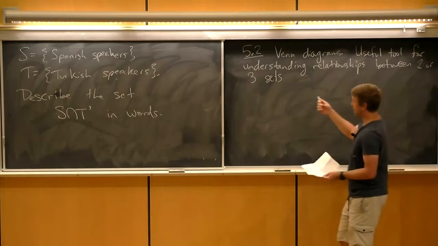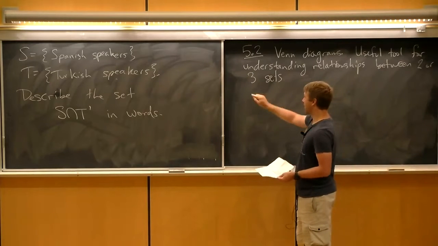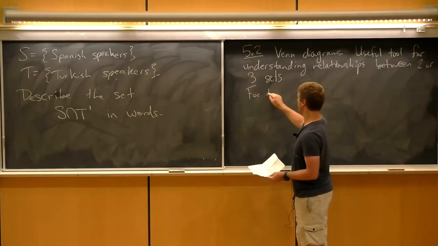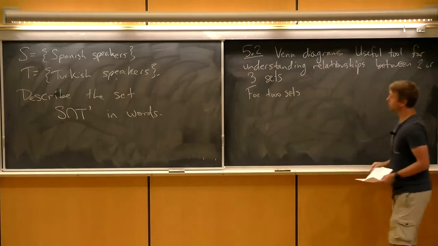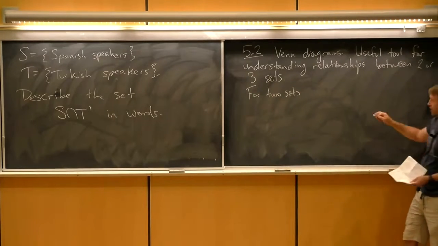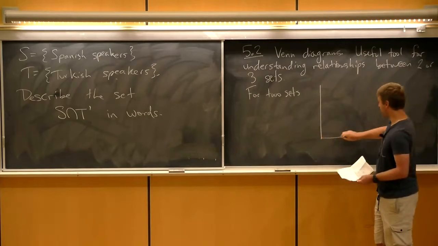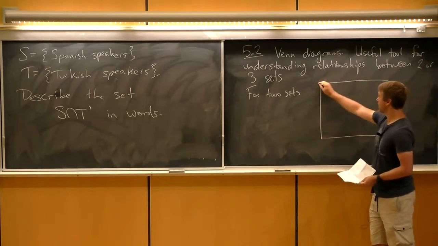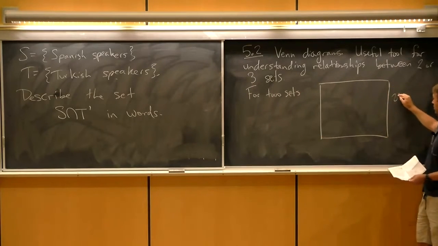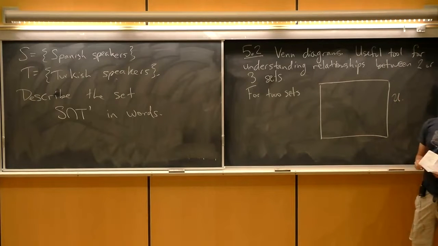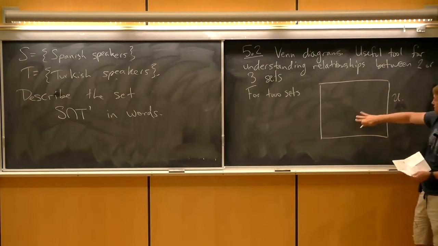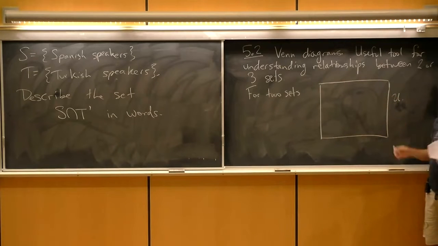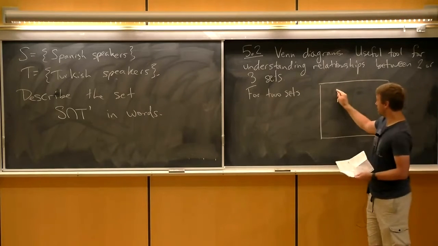So to draw a Venn diagram, let's say for 2 sets, basically, how you draw it is you can make a big box, which represents your whole, the universe. So everything in that box is in the universe. You draw a circle.